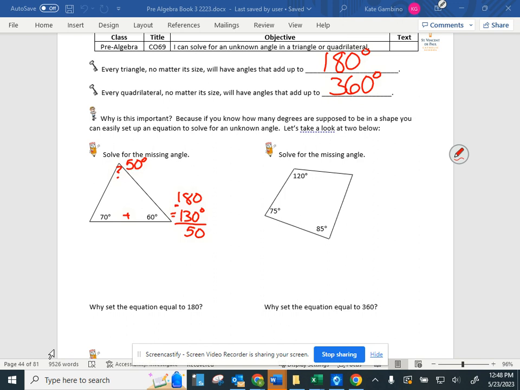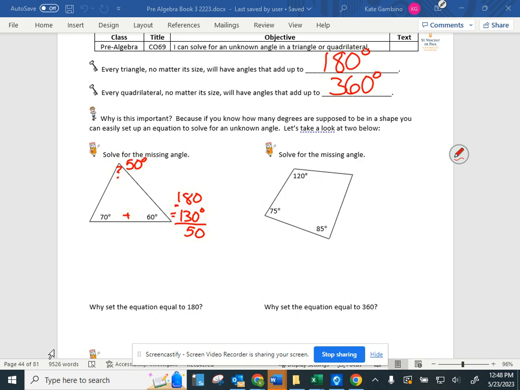Look at our second. Look at our quadrilateral. What is our missing angle? What do you think, Priya?